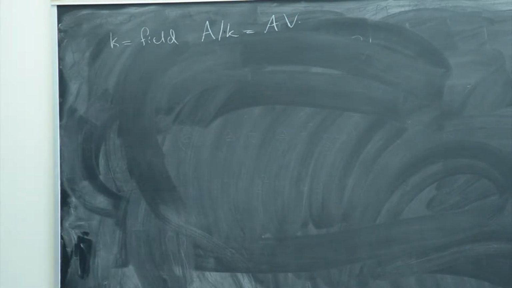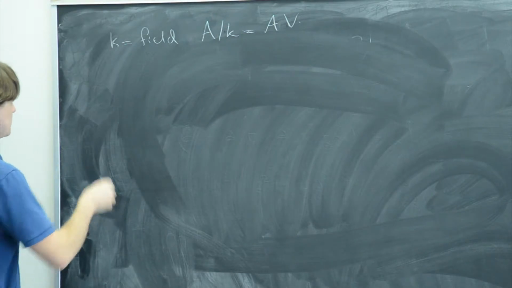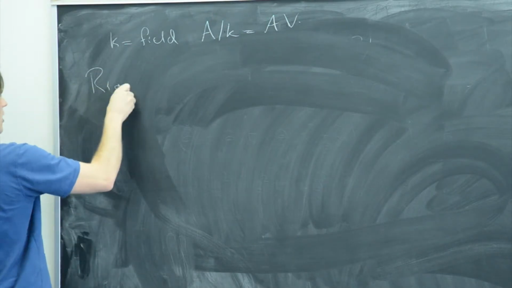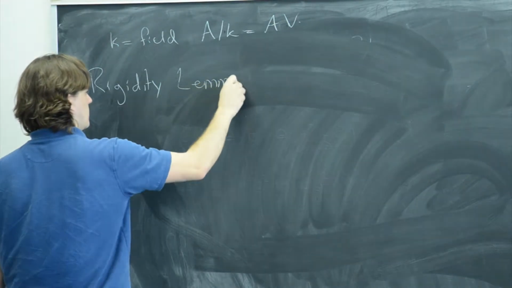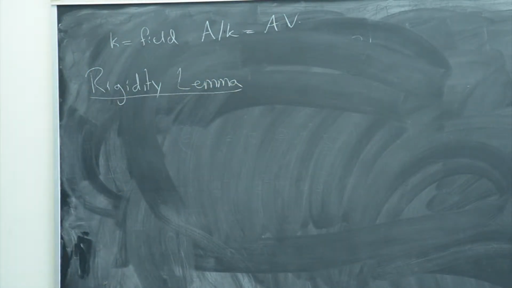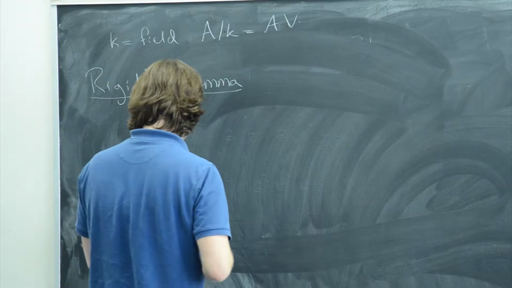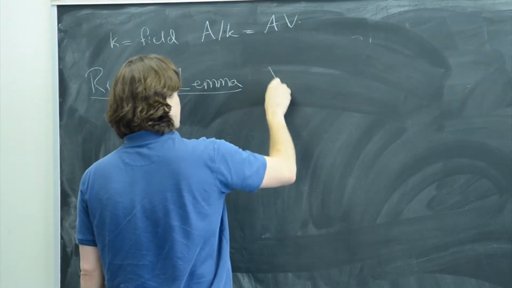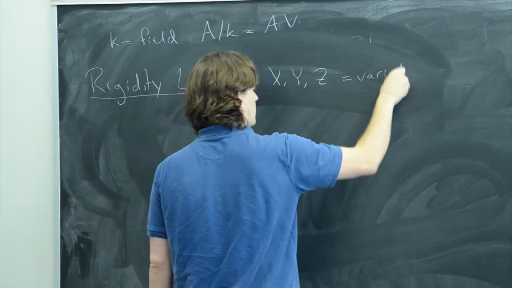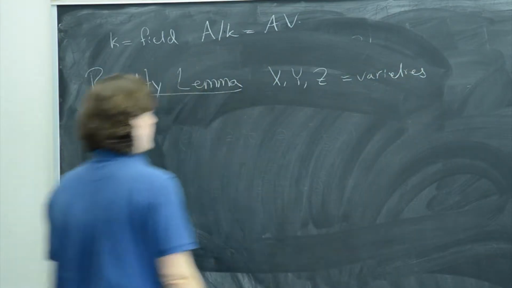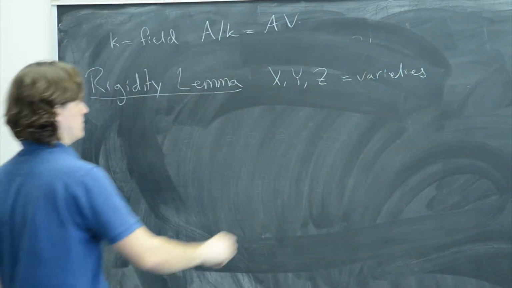So the key statement that you need, which is a general statement about arbitrary varieties, is the rigidity lemma, which says the following. Suppose that you have varieties X, Y, and Z, and X is complete.